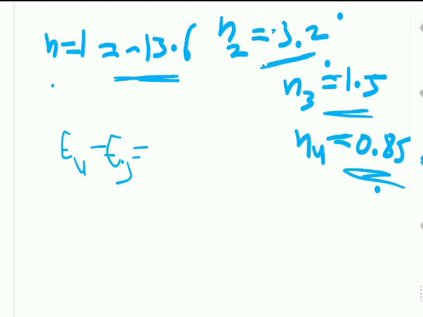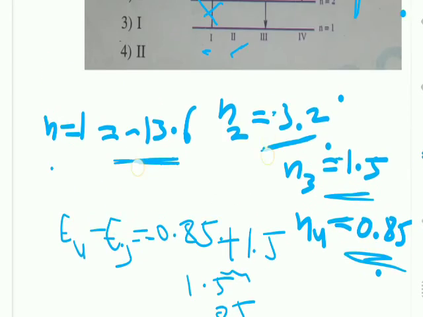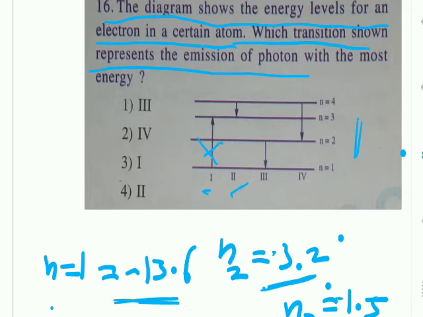E4 is minus 0.85, E3 is minus 1.5, so minus into minus plus 1.5, which gives 0.65 electron volts.